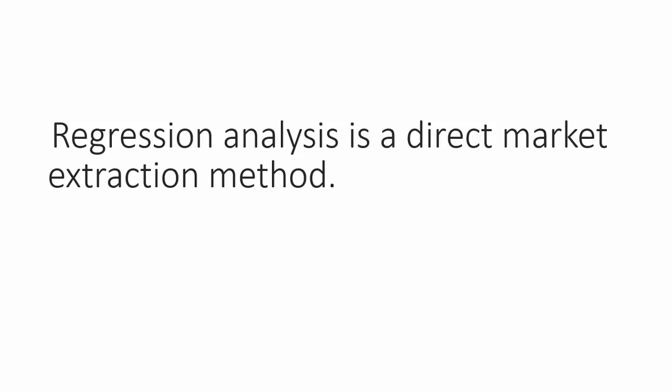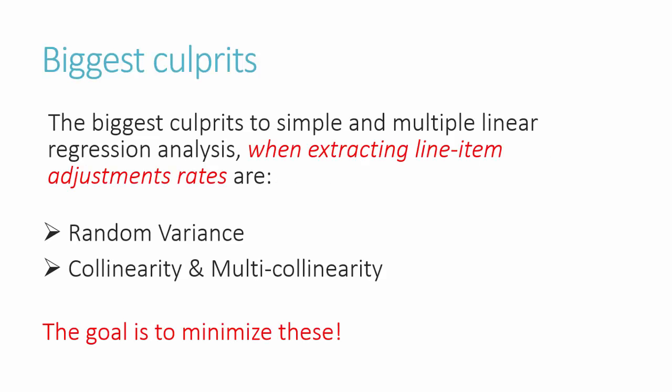Now, what is regression analysis? Regression analysis is a direct market extraction method. All right, what's the problem? What are the culprits, or what can interfere with multiple linear regression analysis when extracting line item adjustment rates?